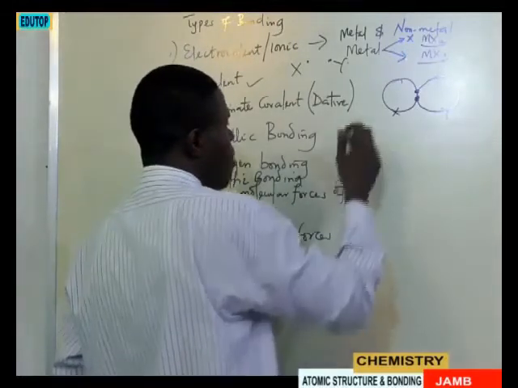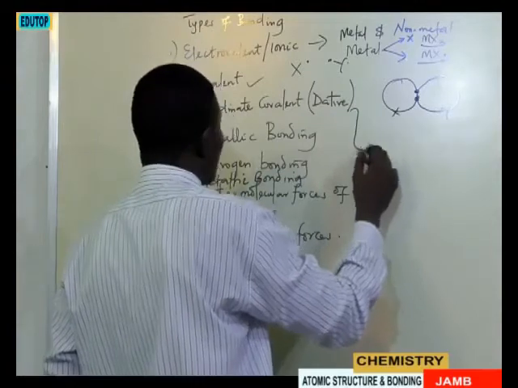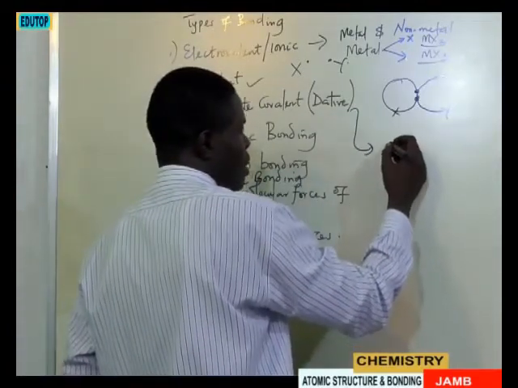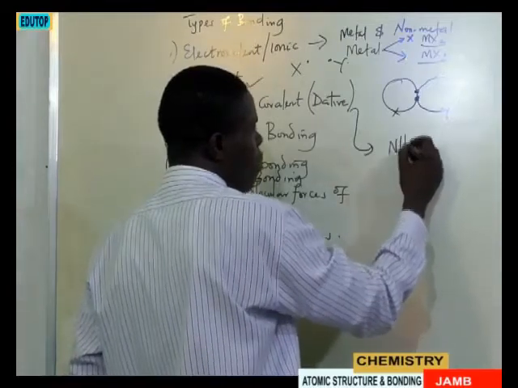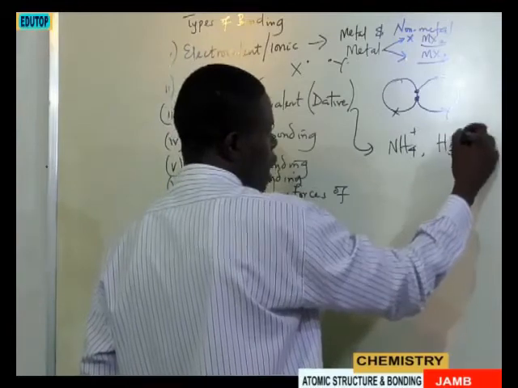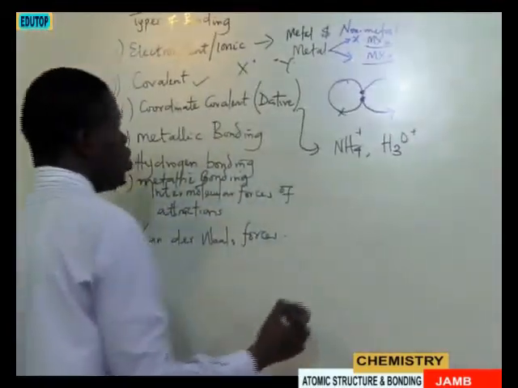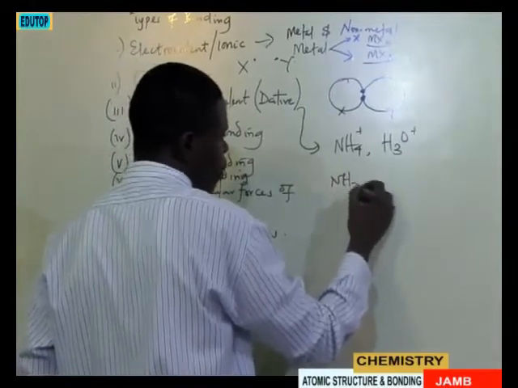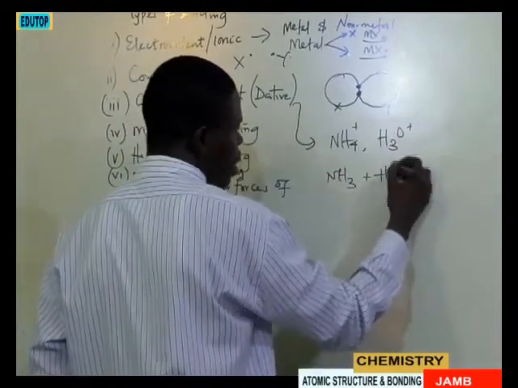So that means in dative bonding, a typical example is the formation of ammonium ion and hydronium ion. Here you have the combination of ammonia plus a deficient hydrogen.